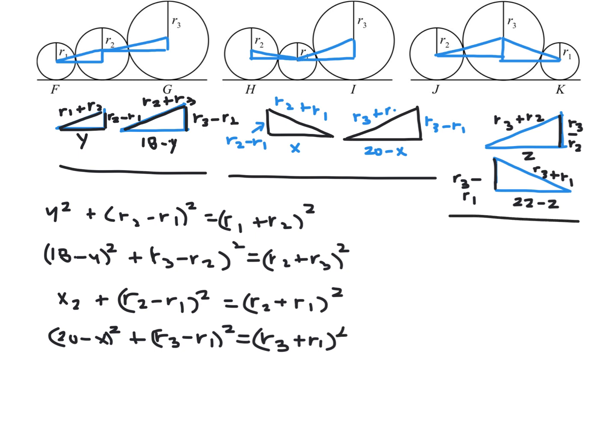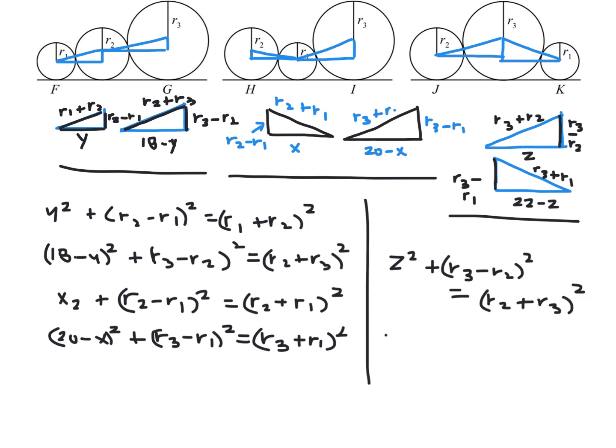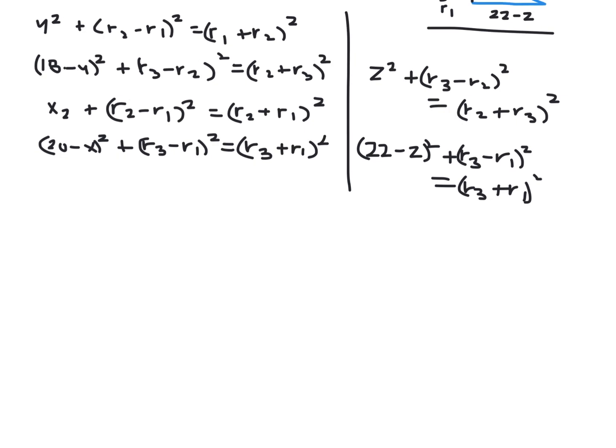And then finally these guys, that's going to be Z squared plus (R3 minus R2) squared is equal to (R2 plus R3) squared. And then finally, (22 minus Z) squared plus (R3 minus R1) squared is equal to (R3 plus R1) squared. Okay, so that's basically the equations.